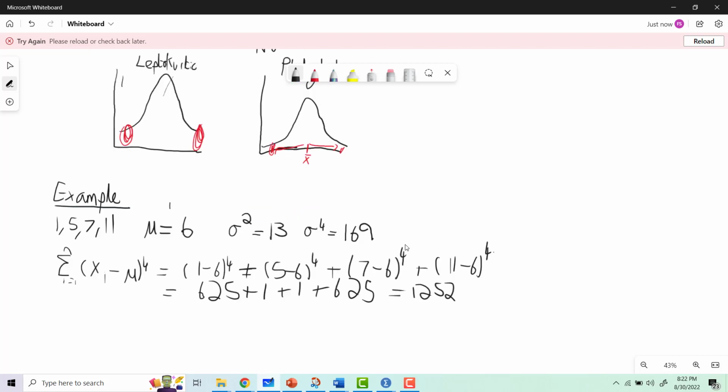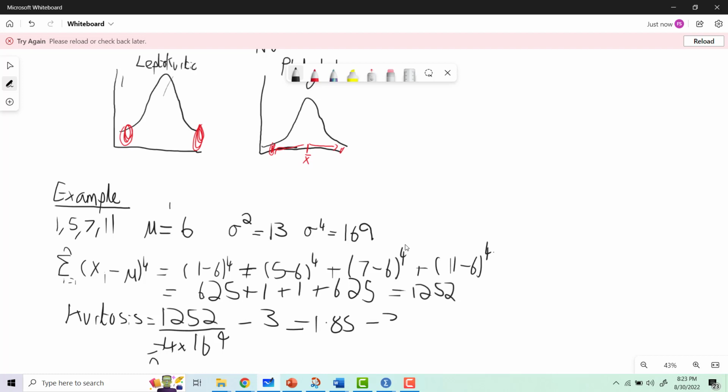And so the overall kurtosis is going to be 1252 divided by n, which is 4, times sigma to the 4, minus 3, and it's 1.85 minus 3, and it's going to be minus 1.15.